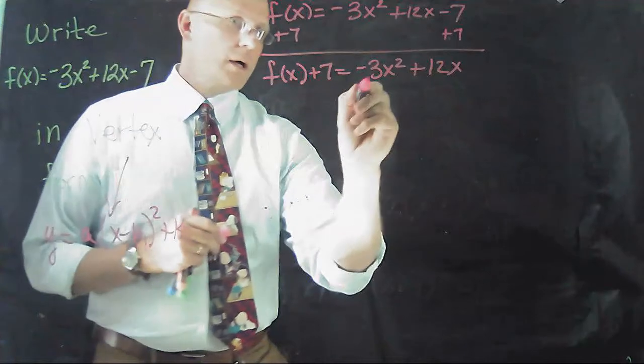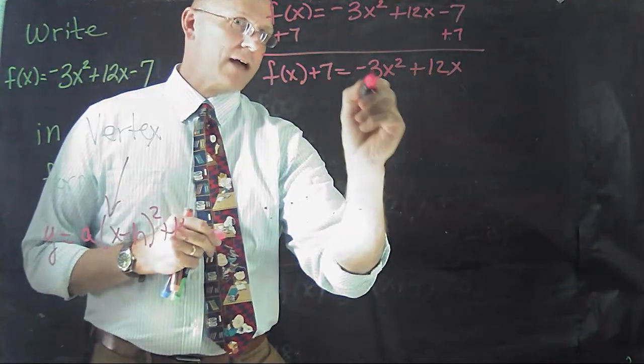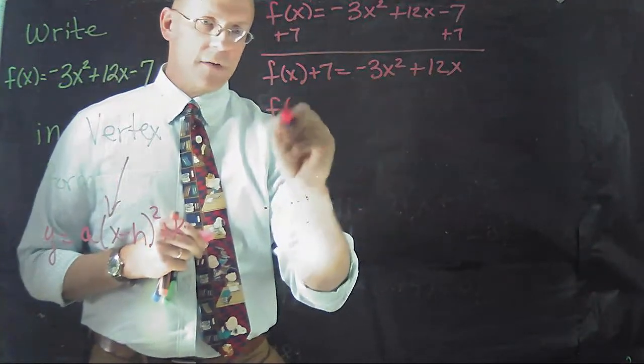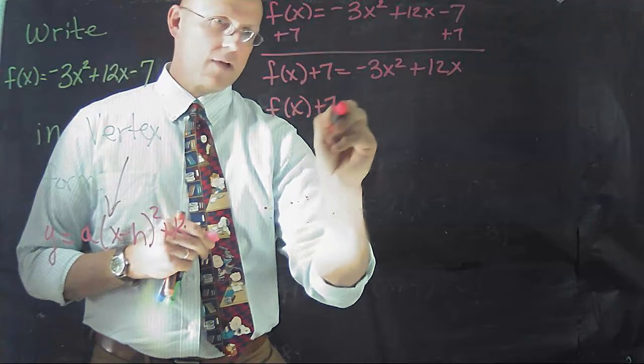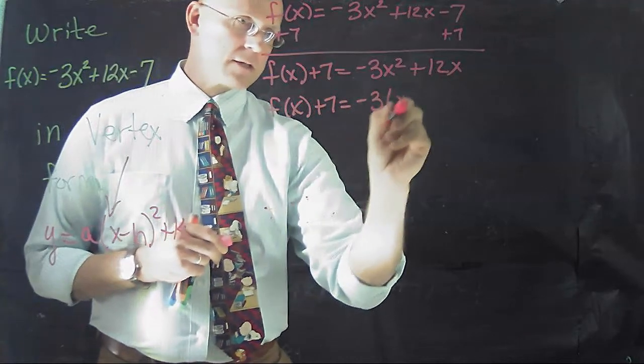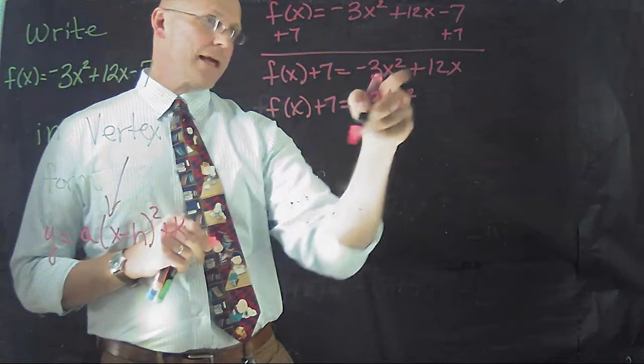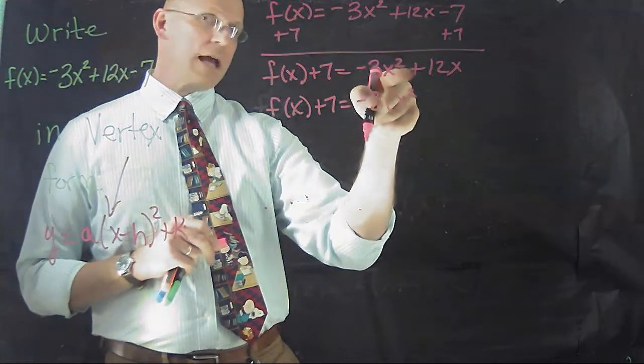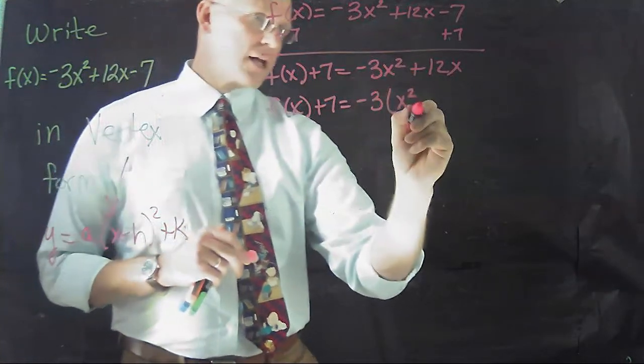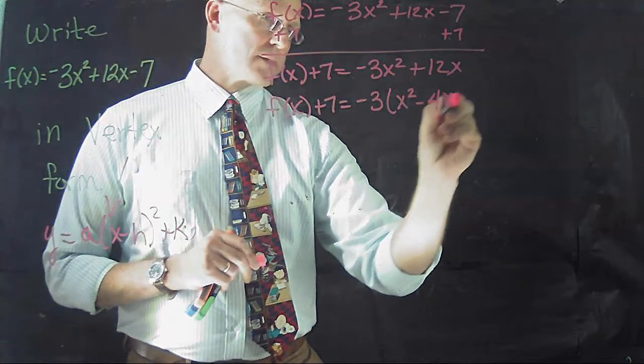Step number 2, I have to factor out the -3. So it's f of x plus 7 equals -3 times x squared. Now look, since I'm factoring out a -3, this sign's going to change. So this is now going to become minus 4x.